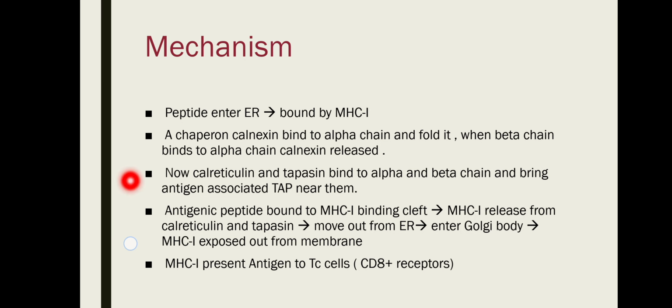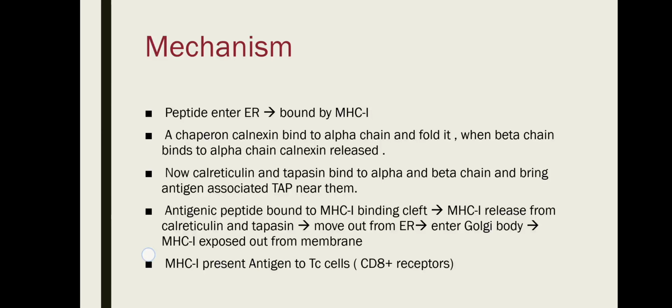Second, after the release of calnexin, two proteins, calreticulin and tapasin, bind to the alpha and beta chain of the MHC-I molecule, and they attract the TAP protein, which brings the antigenic peptide into the endoplasmic reticulum.